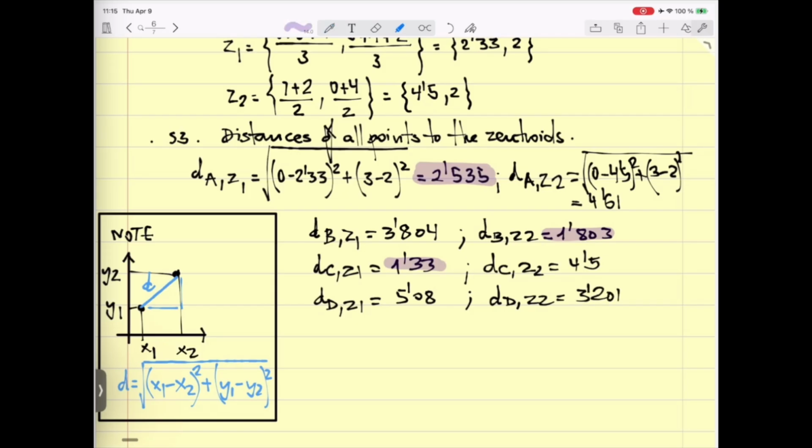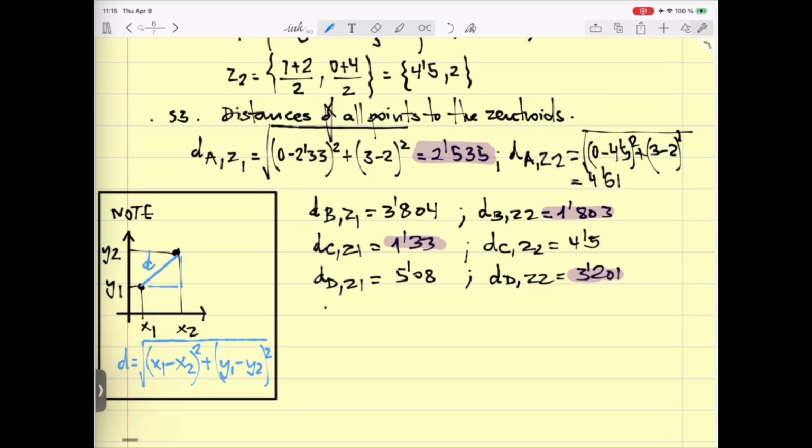So it belongs to the second group. And E belongs to the first group again, with .201, so it belongs to the first group. So once we have done this, we go to step 4.